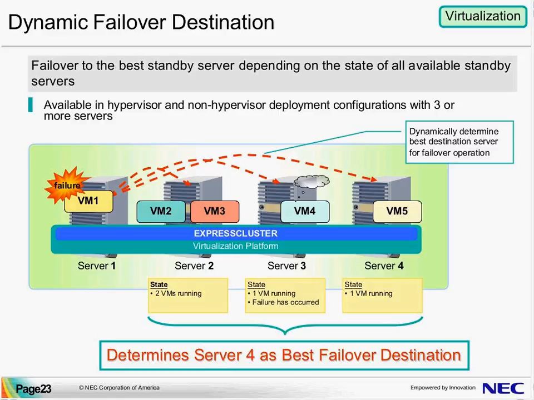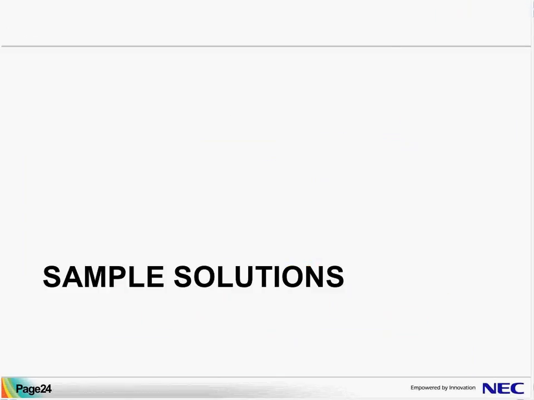With a pool definition, there's less hard coding of specific servers, so that means less maintenance on an ongoing basis. So that's the explanation and overview of all the key major enhancements. Overall, all these enhancements make it even easier to deploy ExpressCluster and support more customer environments going forward.